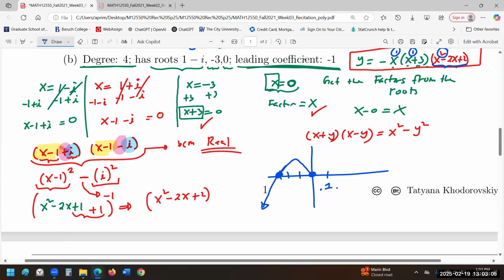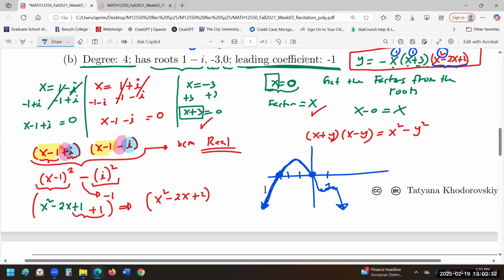So both going down. First on the left side, you are going down, and then we are crossing the x-axis through the x-intercept, then we are crossing 0, and then we have two imaginary roots, and then we are going down forever. Imaginary roots mean we have a little bump next to 1 plus i and 1 minus i, and then we are going down. They're not real.